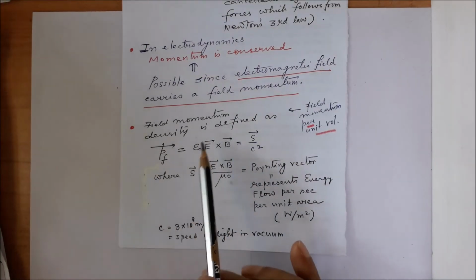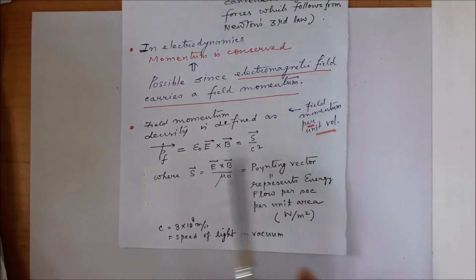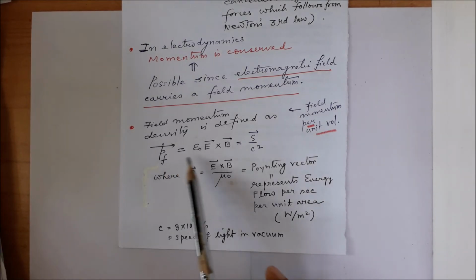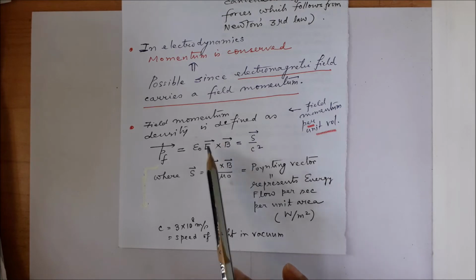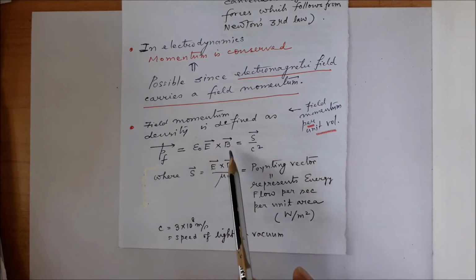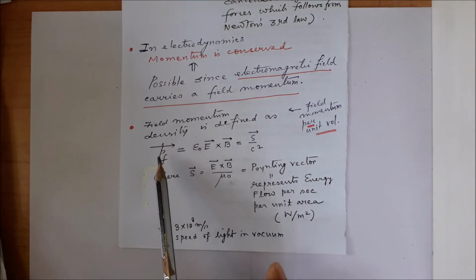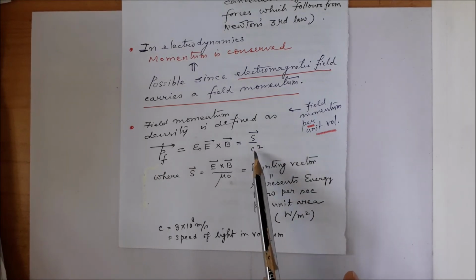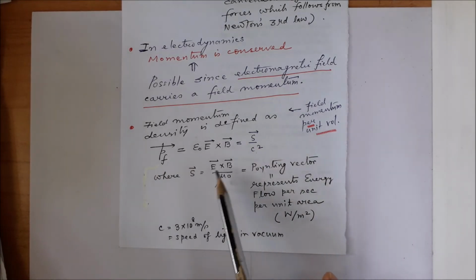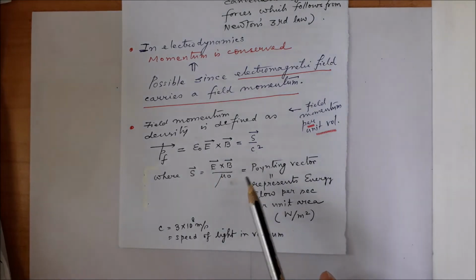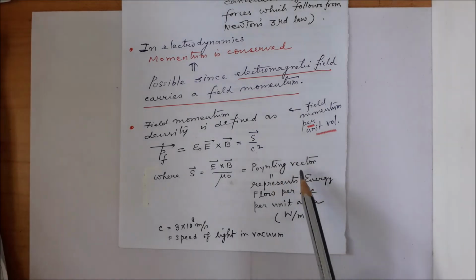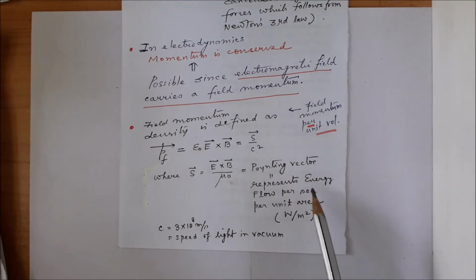Field momentum per unit volume is defined as P_f equals epsilon 0 E cross B, where E represents the electric field, B represents the magnetic field, or alternatively the field momentum density can be expressed as vector S by c squared, where S is E cross B by mu 0, a quantity called the Poynting vector, which represents energy flow per second per unit area having unit of watt per meter square, and c represents the speed of light in vacuum.